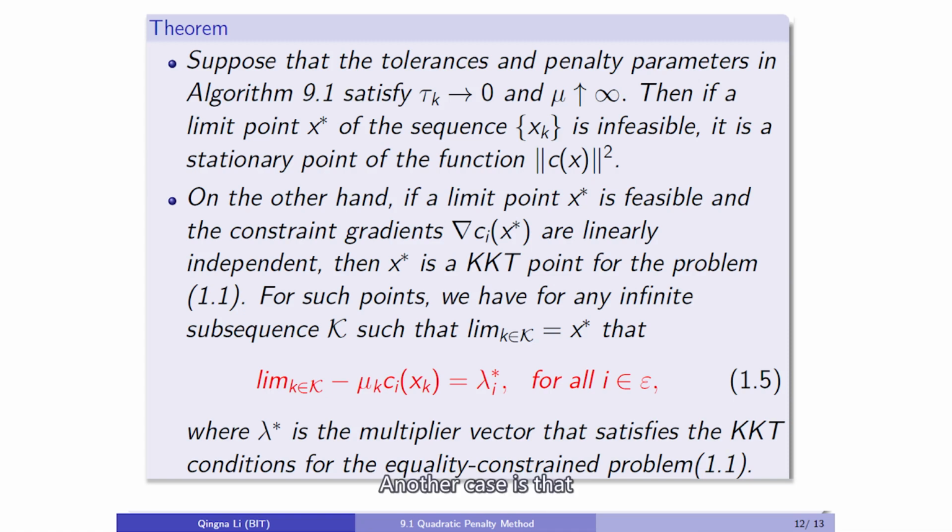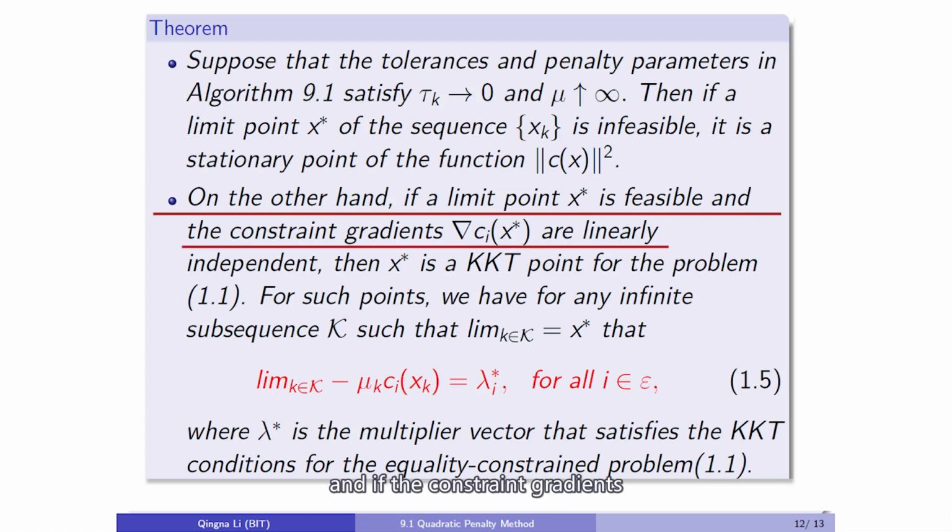Another case is that if a limit point x* is feasible, and if the constraint gradients ∇c_i(x*) are linearly independent, then x* is a KKT point of the original constrained problem.